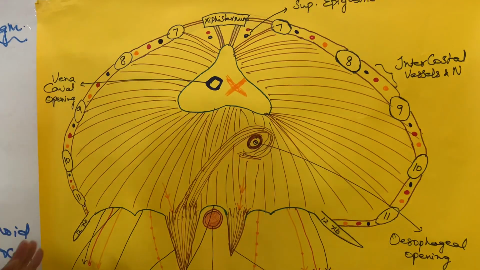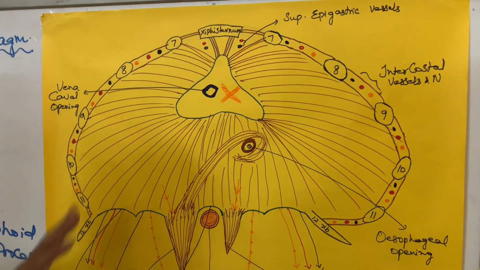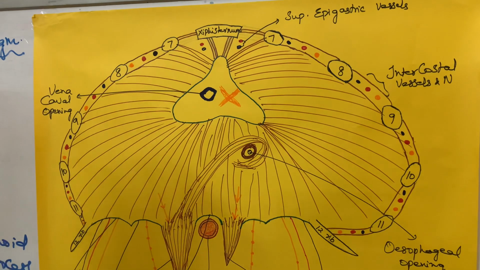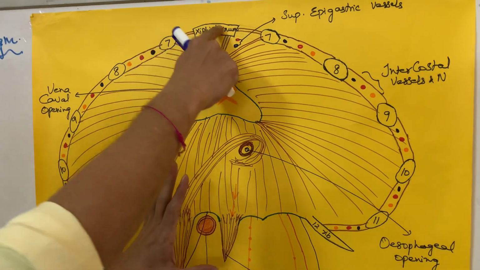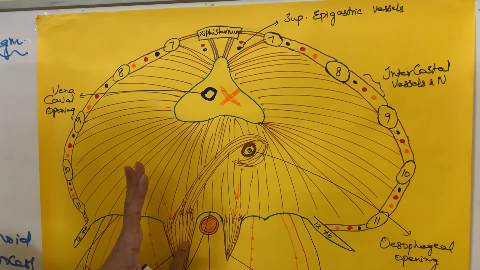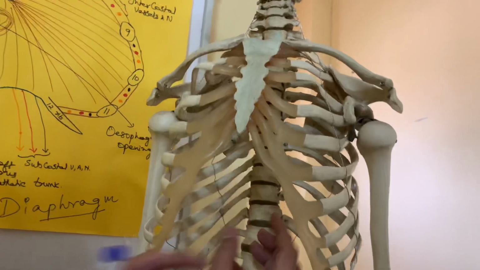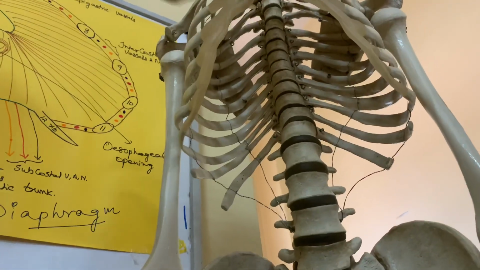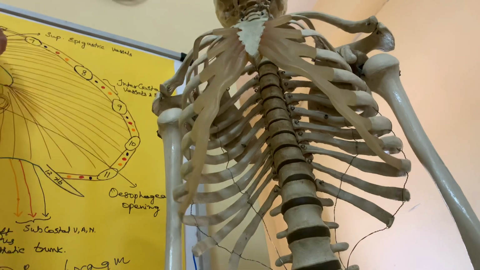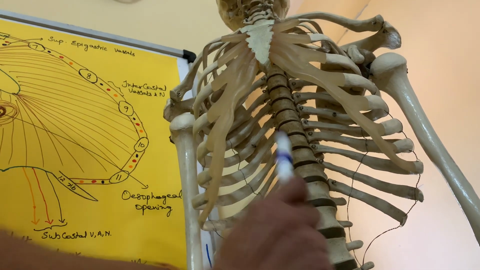So this diagram says everything about the diaphragm, and the view is that it is seen from below. This is the anterior aspect and this is the posterior aspect, with the xiphisternum in front and the aortic opening behind somewhere here.